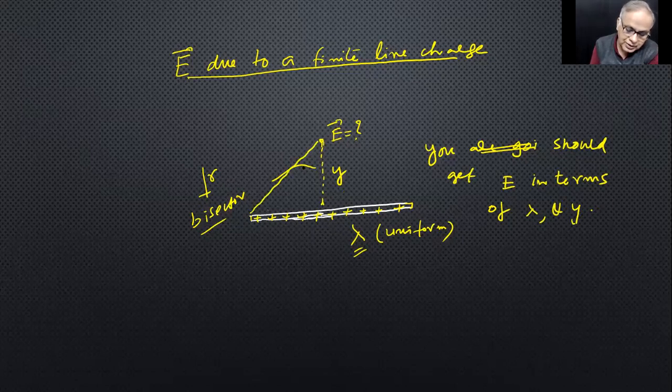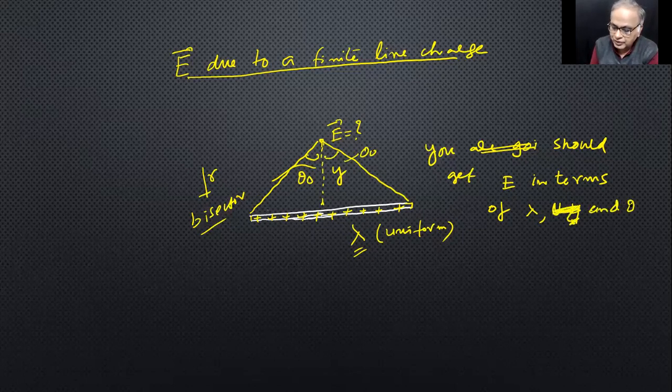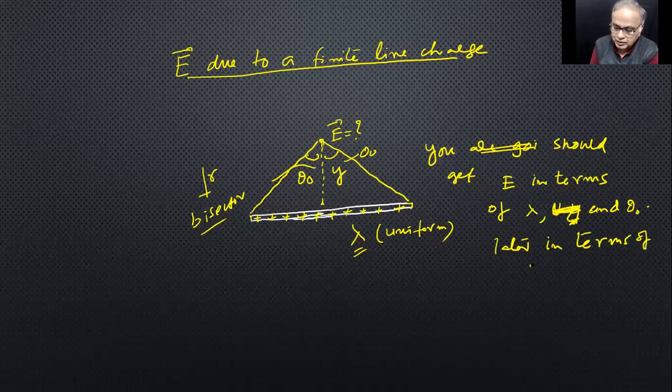This angle is theta naught. So E in terms of lambda and theta naught first. Later, in terms of lambda and y. Okay. So this is our job. I want you to write it, and I want to repeat the diagram in the next slide.